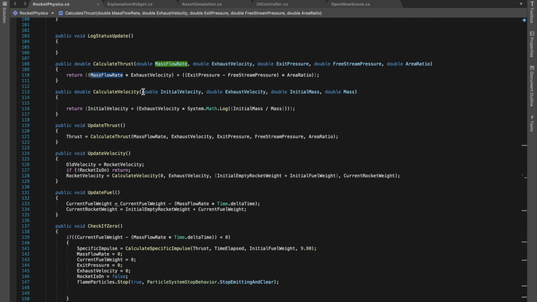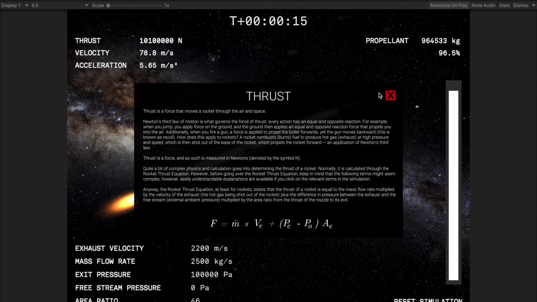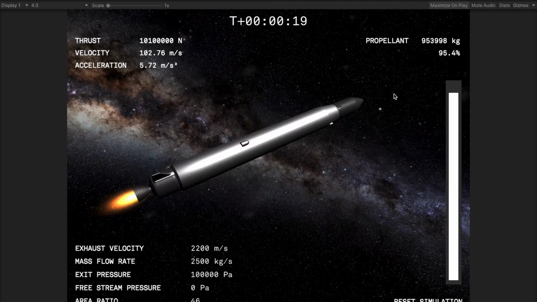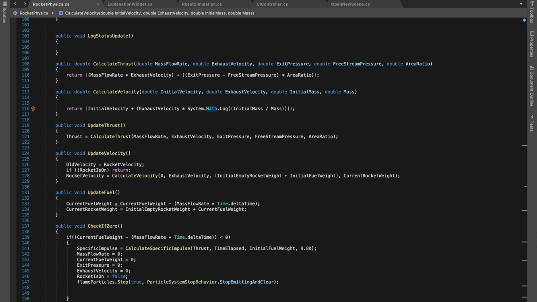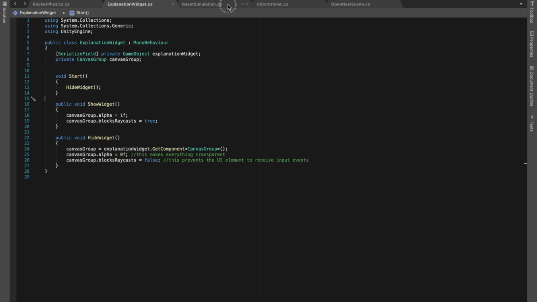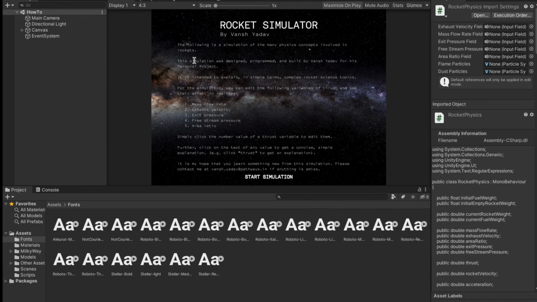Same goes for velocity. You'll see a natural logarithm being taken here, which you'll see is the same for velocity. So the coding itself parallels actual physics equations, which I've understood and researched, and there are a variety of different scripts as well.